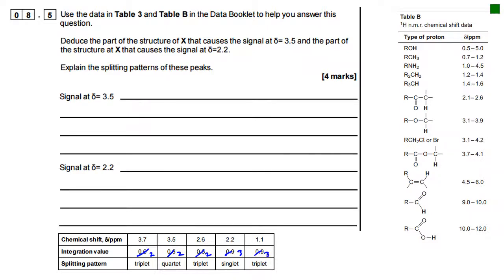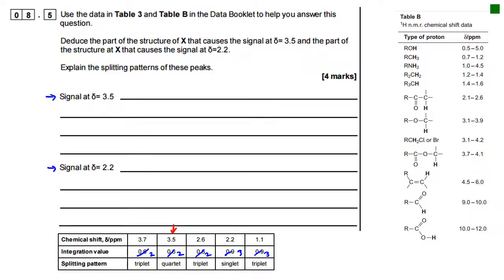And what we have to do is work out the part of the structure that occurs at shift equals 3.5, and the same for shift equals 2.2. So let's look at this part of the table here, the sigma 3.5.